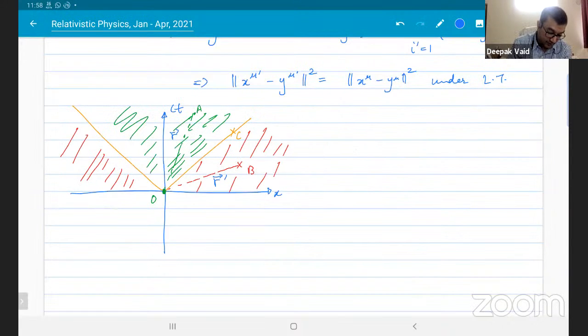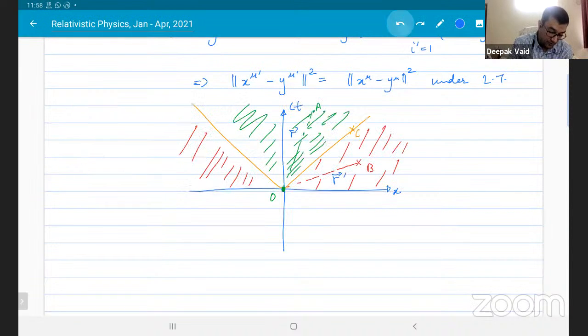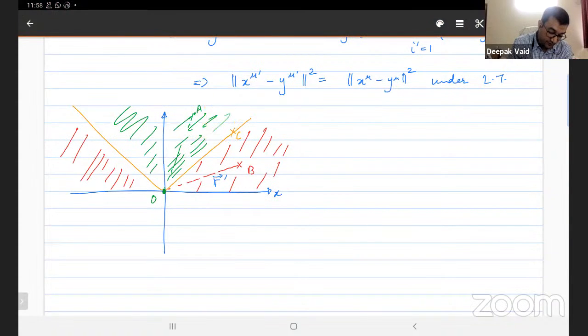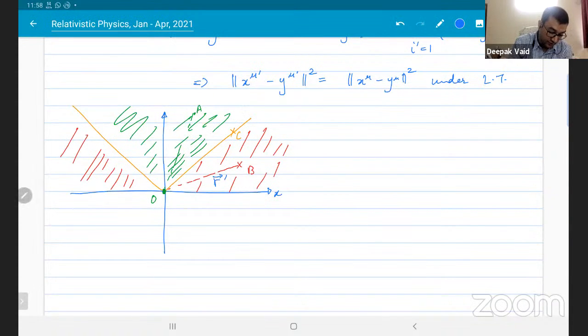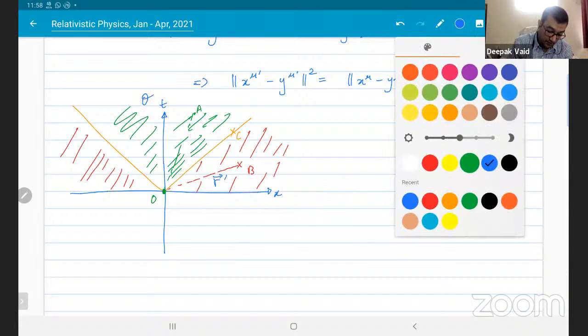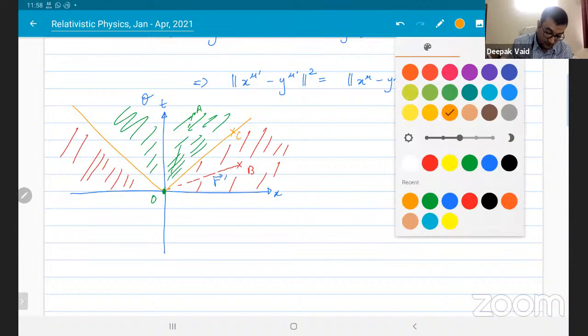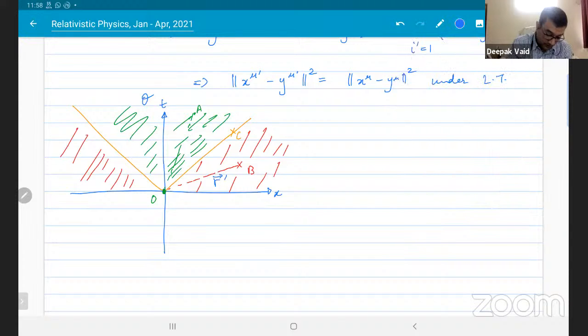So this is our space-time diagram, and I'll get rid of some of the things I don't need, or maybe I'll keep them. So we have some moving observer, right? This is the frame of reference O, and then there is some other observer, some other system.